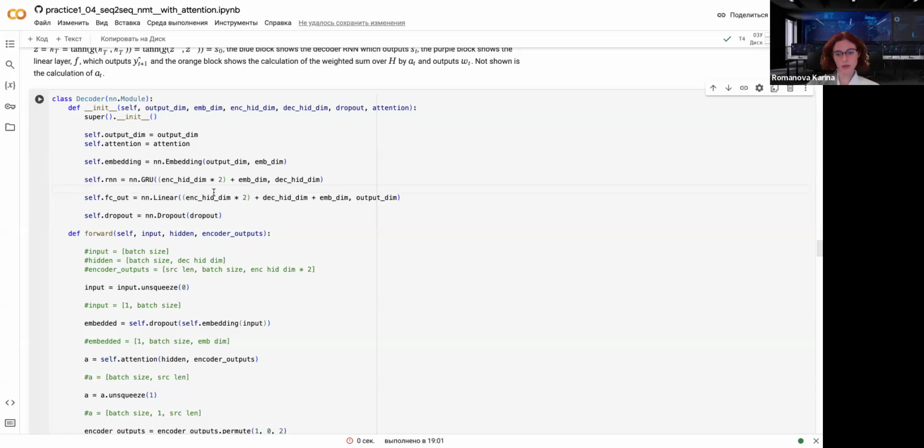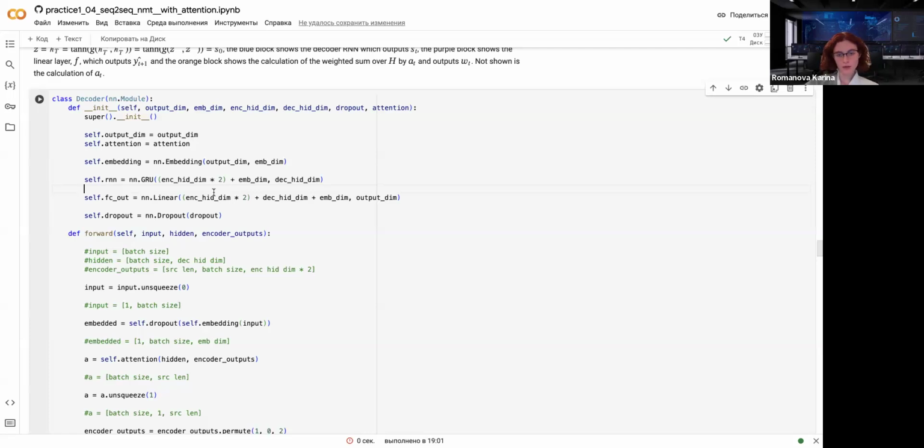RNN input: the input of the GRU consists of the concatenation of the embedded current word, the context vector from the attention layer, and the previous hidden state. This combination allows the decoder to generate the next word in the sequence with the full context of the sentence.